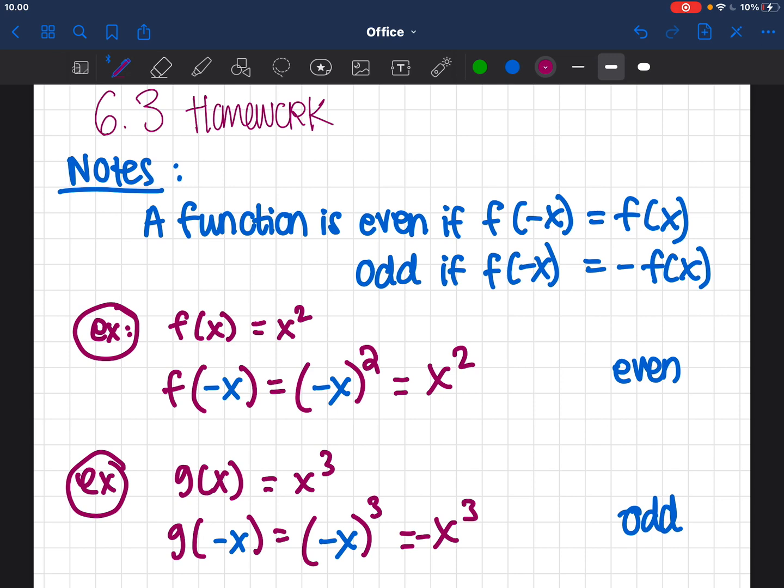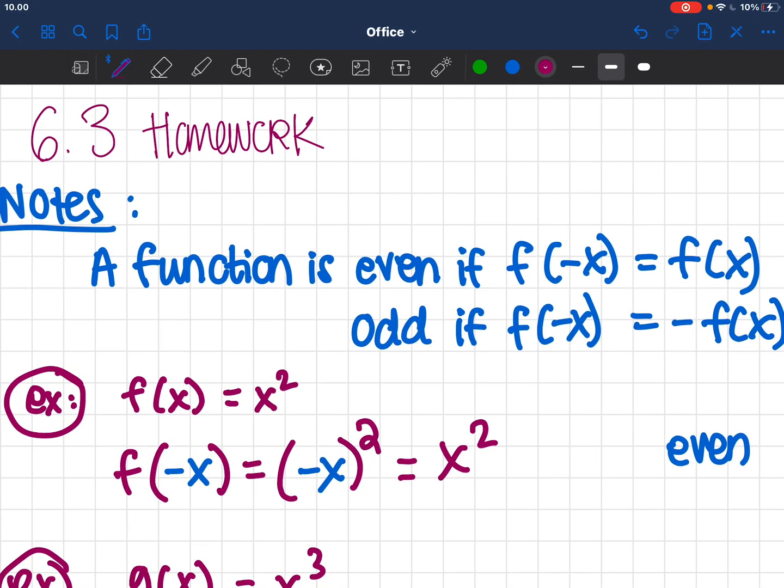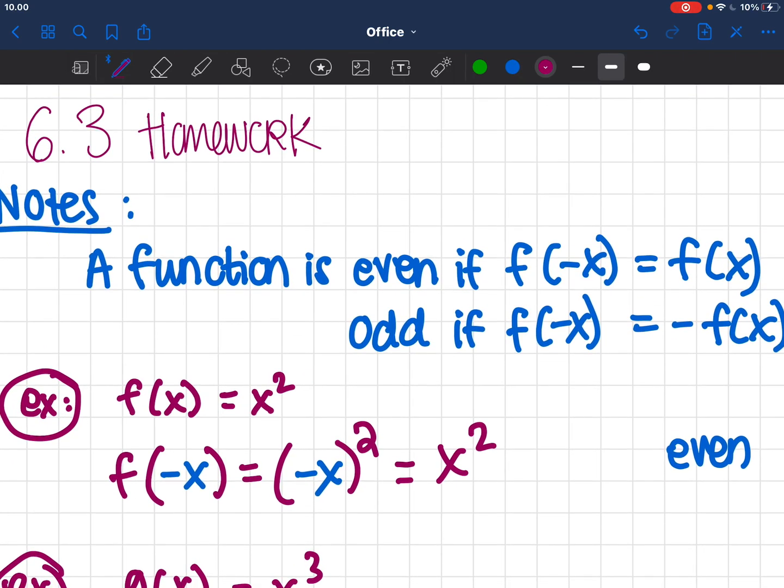But if you plug in a negative variable, it will come out as the negative of your original function. For example, if you look at f of x as x squared and you plug in negative x into the function, you get x squared still, right? So it doesn't change. This is still f of x. So that's why we call it even. Okay?